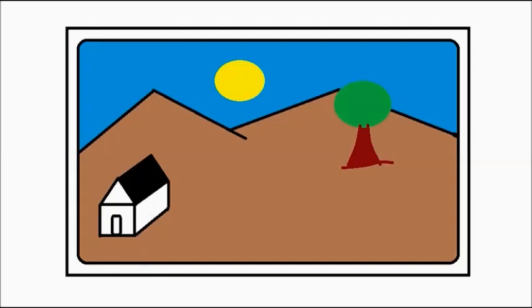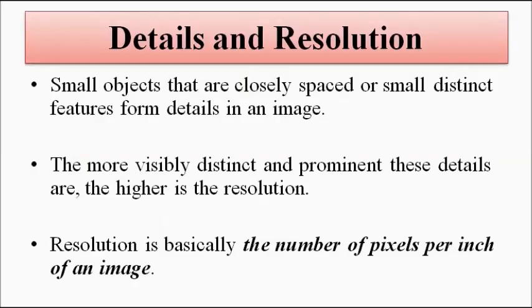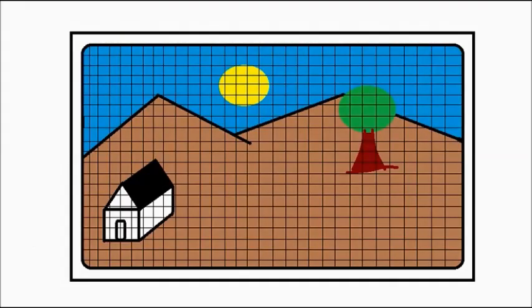Okay, so the more details or resolution is taken care of, the more we can pinpoint the exact different shades of color of each and every object in the image. Details and resolution are basically dependent on the number of pixels per inch of an image. Why is it important?